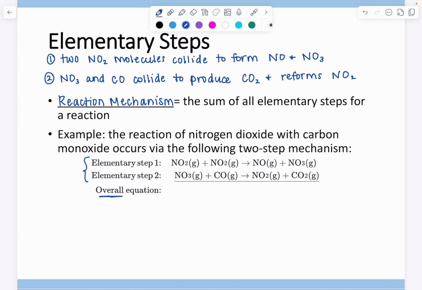Okay, so that's a summary of what's happening here. It's kind of like a story, steps to that story for the full reaction to happen.